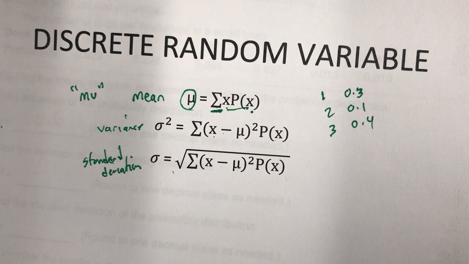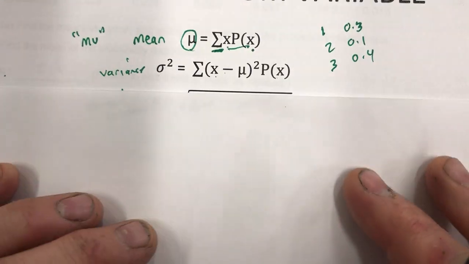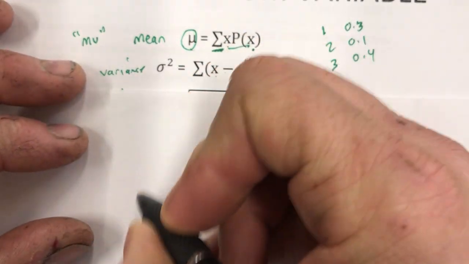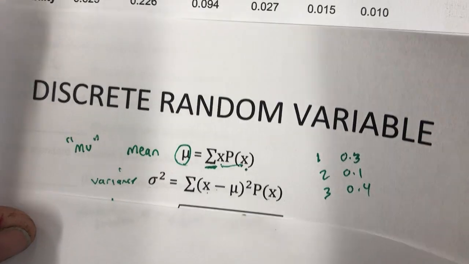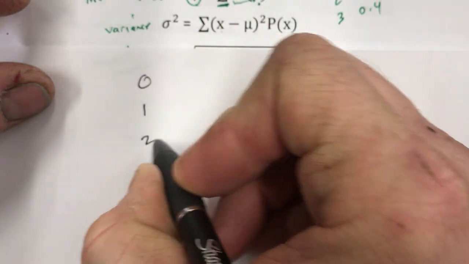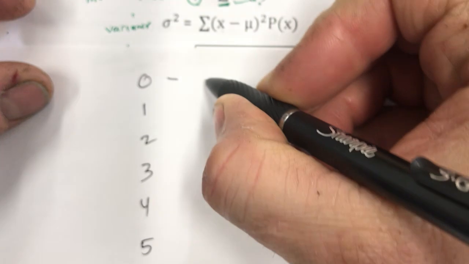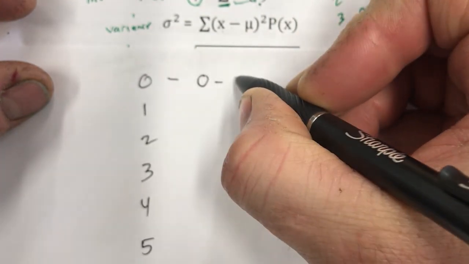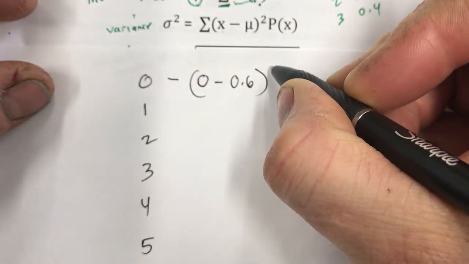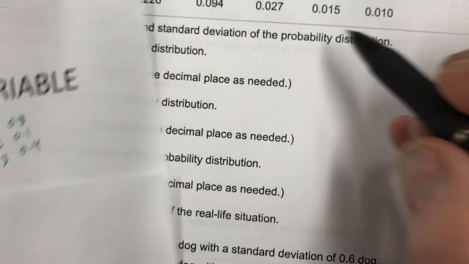So I'm going to take each x, so I've got 0 through 5: 0, 1, 2, 3, 4, 5. For this one I'm going to do 0 minus the mu, which remember is 0.6. I'm going to square that, and I'm going to multiply it by its probability, which was 0.629.